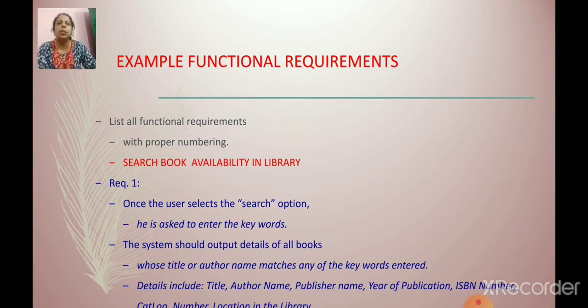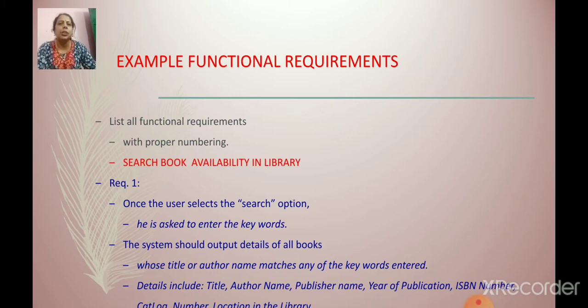Example of functional requirement: list all functional requirements with proper numbering. Functional requirements are always written with numbering. In this case, the example is search book availability in library. This is requirement 1.